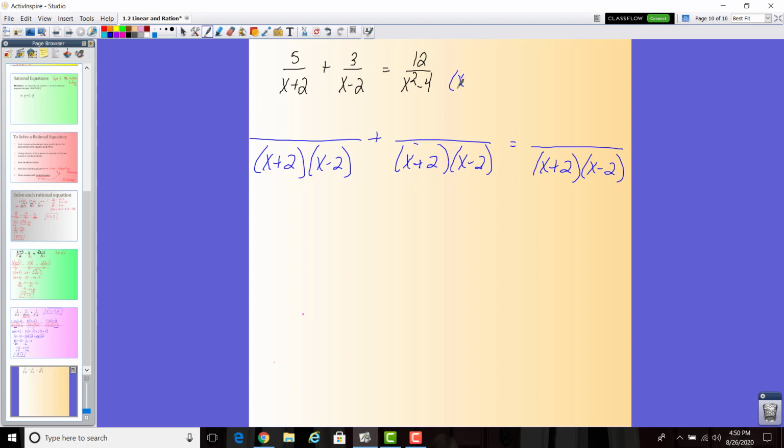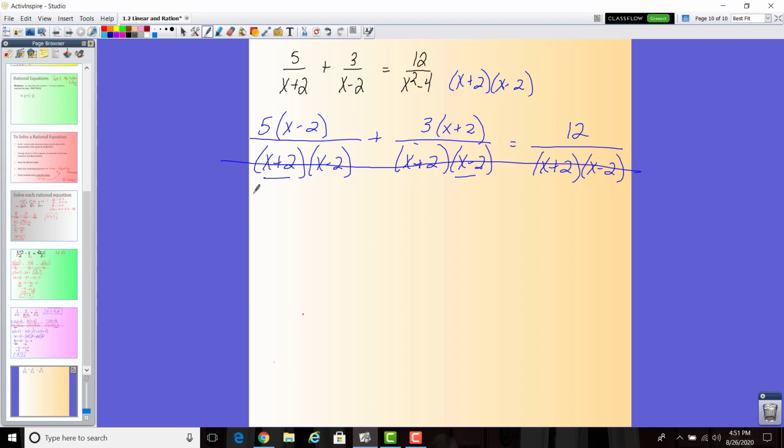And x squared minus 4 factors into x plus 2 and x minus 2 because of the difference of two perfect squares. So I already have those, which means this is my common denominator, which means my numerator of 12 will not change. But 5, since it started over x plus 2, will have to multiply by x minus 2. Since 3 started over x minus 2, it's going to have to multiply by x plus 2.